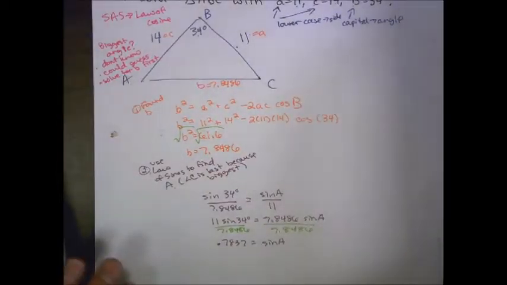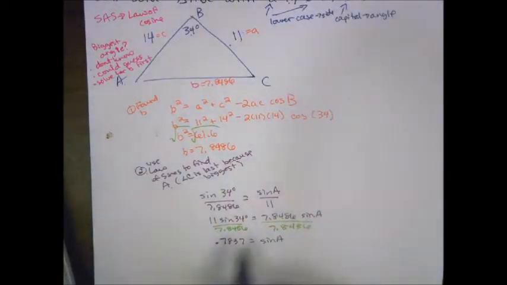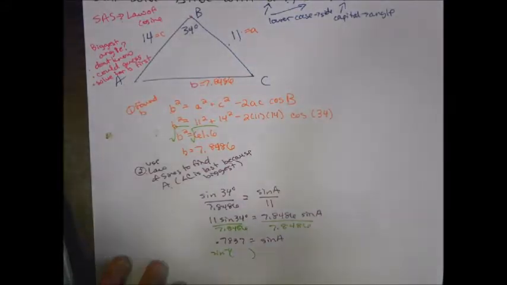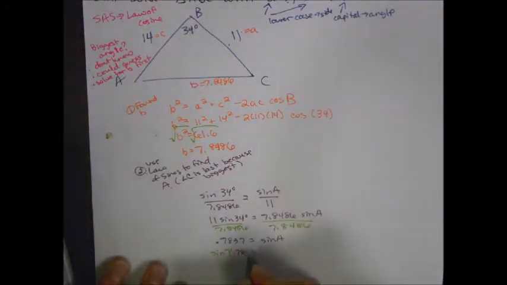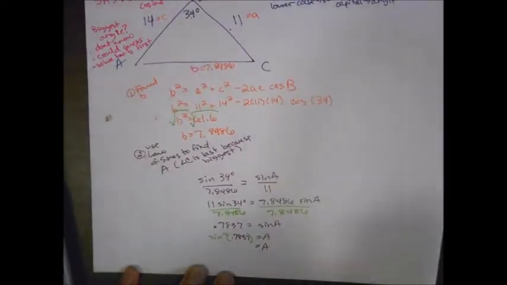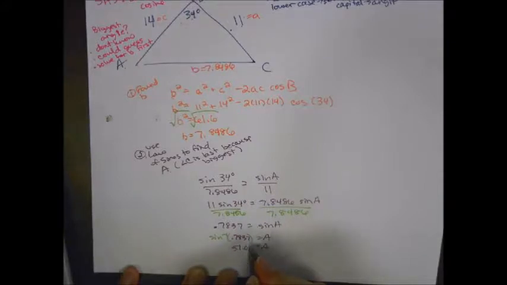How do we do this piece? We take the sine inverse of 0.7837, and that equals A. So sine inverse 0.7837. A is 51.6 degrees.